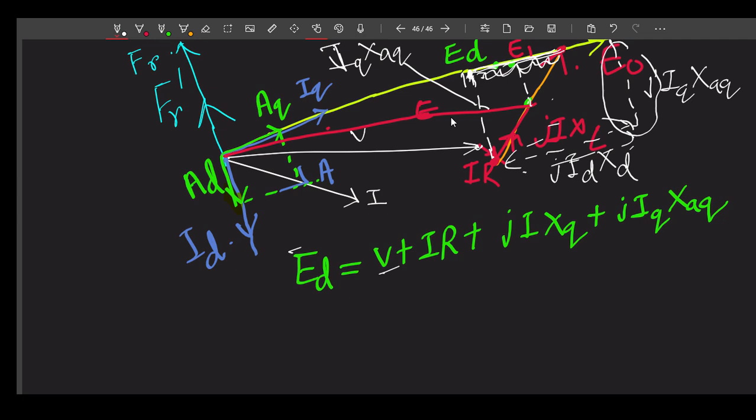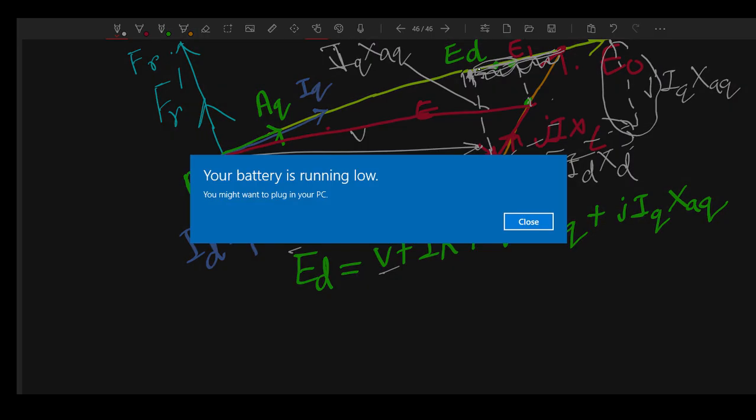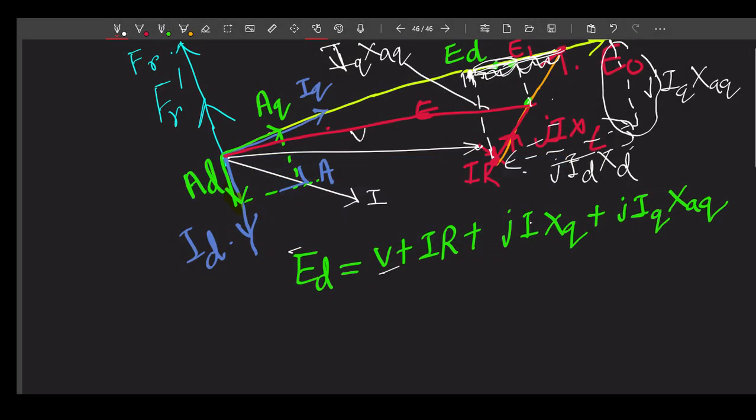Now when we are considering this ED, basically ED needs this much of extra length, right? So we are writing in this form of equation.